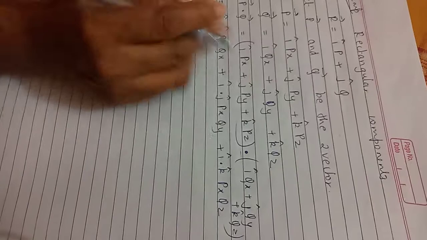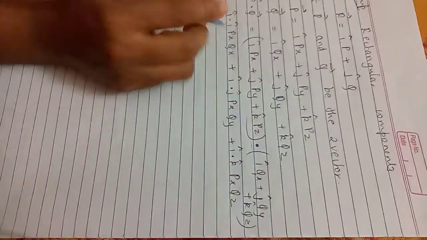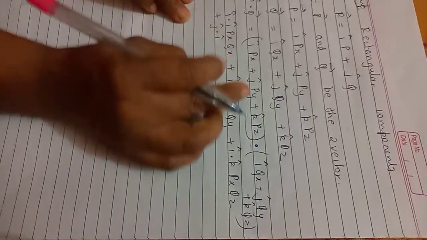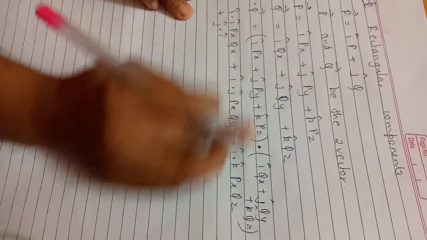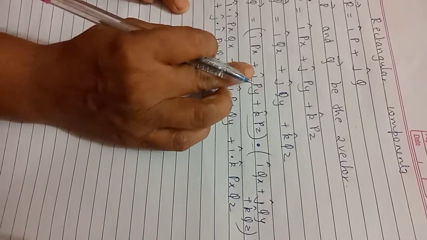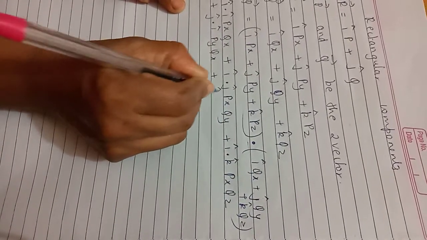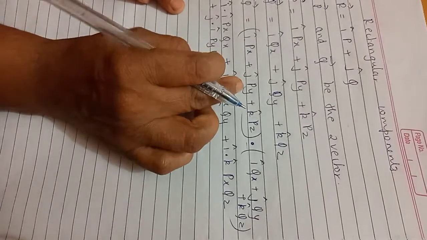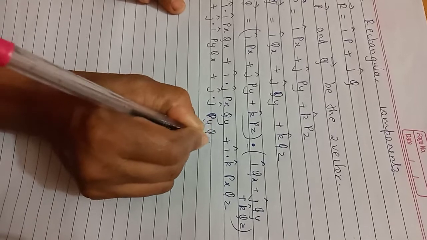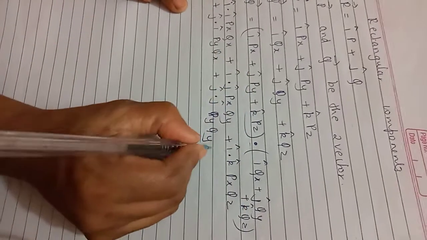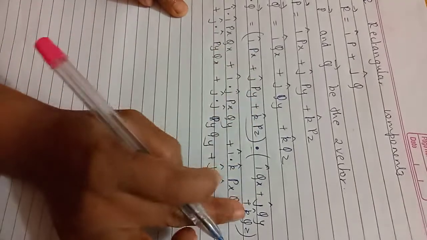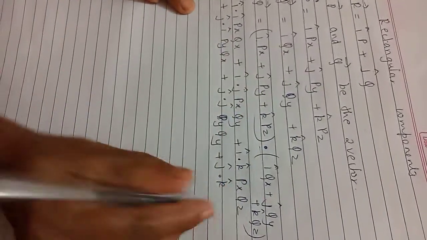Next line, plus this full bracket J dot I Py Qx plus J dot J Py Qy plus J dot K Py Qz.